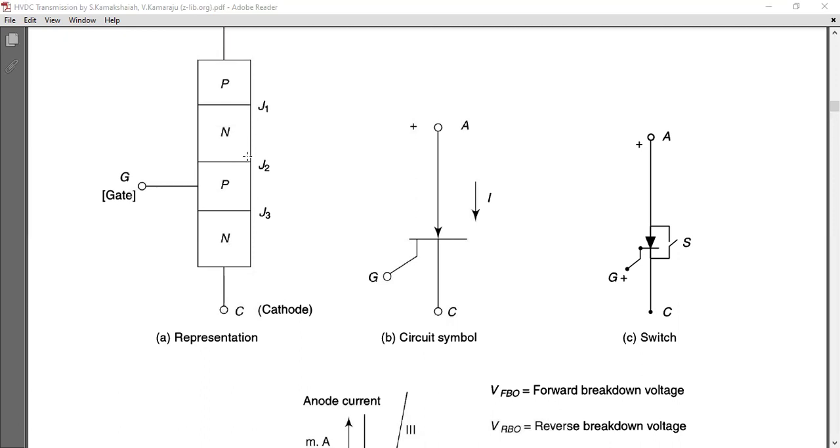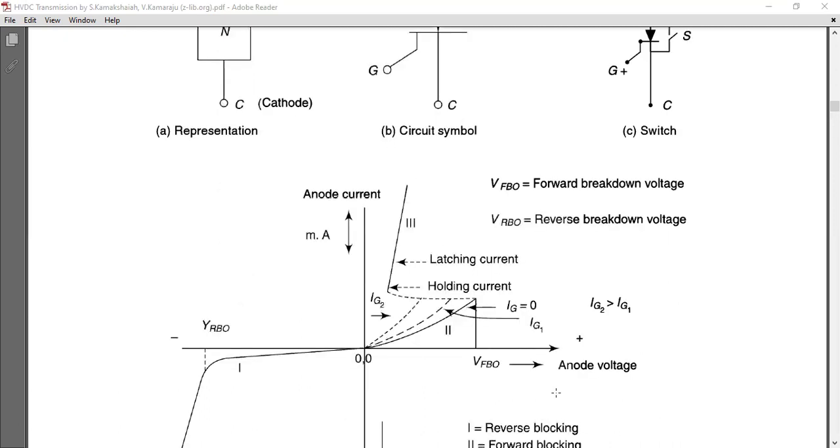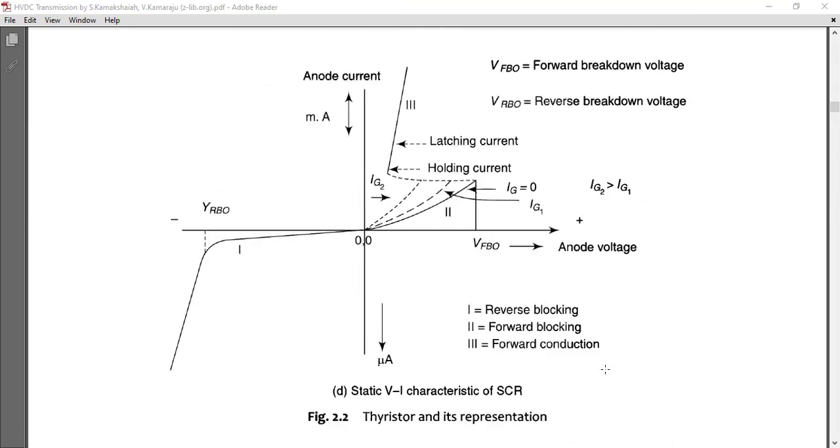Next, the third type of conduction is forward conduction mode. It is mode 3. Okay, so in this, the thyristor will be coming to the conduction state, that is the on state. It is called the on state. So it can come to the on state by using 4 techniques, and we can turn on the SCR.